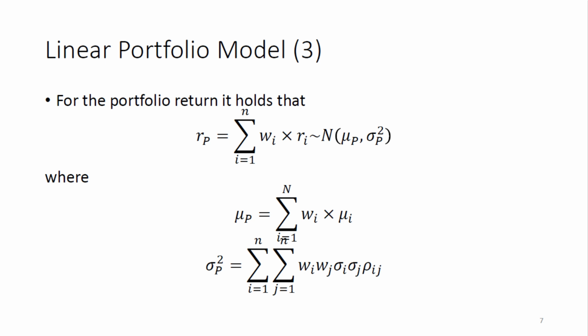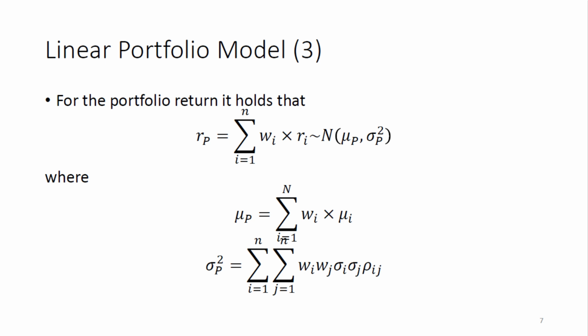So how to define the expected return and the variance of the portfolio? Well, for the expected return of the portfolio, you take the weighted average of the means of all the individual assets. That's the formula in the center of this slide. And for the variance of the portfolio, you take the weighted sum of all the covariance elements.